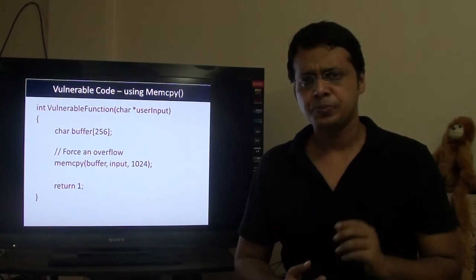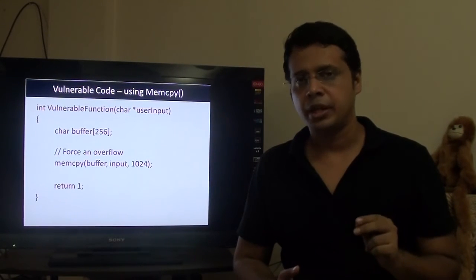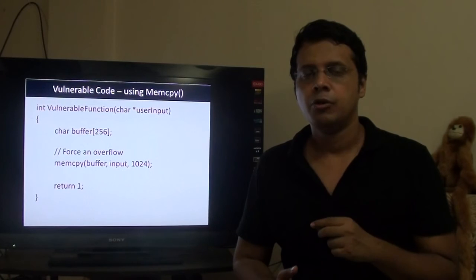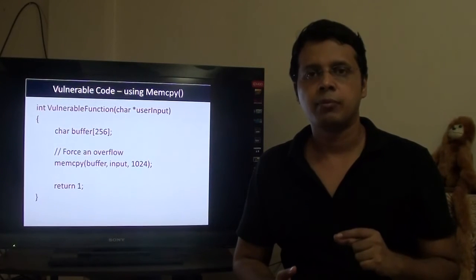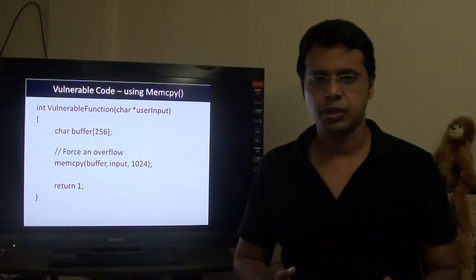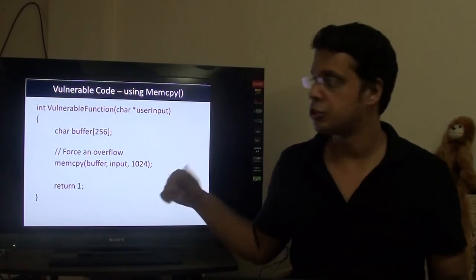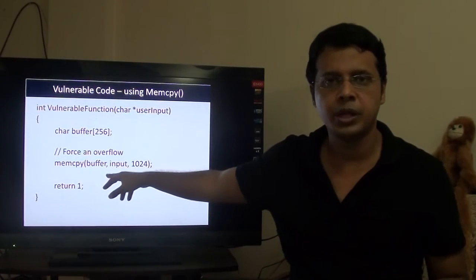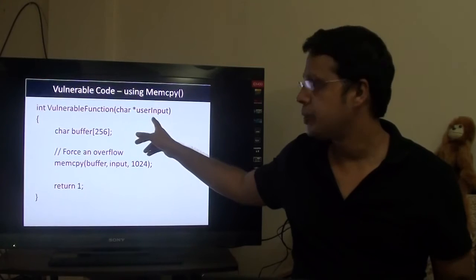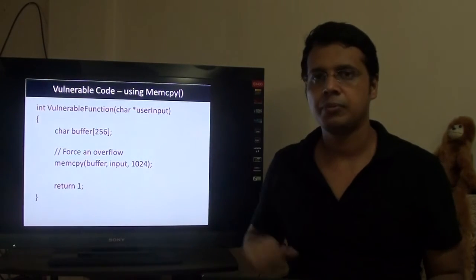Right, so the first example which we will take in the next episode will be to exploit a program which has a vulnerable function, and this vulnerable function uses memcpy in a very indiscriminate way to copy user supplied input into a buffer.